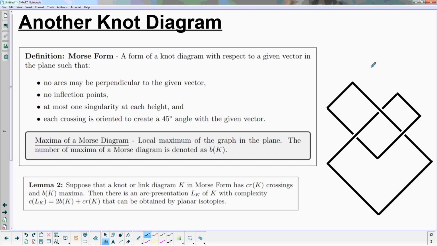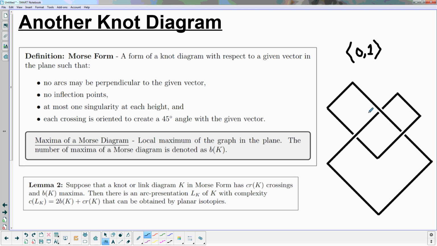What I was told was basically think about the knot on the coordinate plane with respect to the vector (0, 1), or think of the positive y-axis as my given vector. And then I can have no arcs that are perpendicular to the vector, so I can't have any horizontal lines.